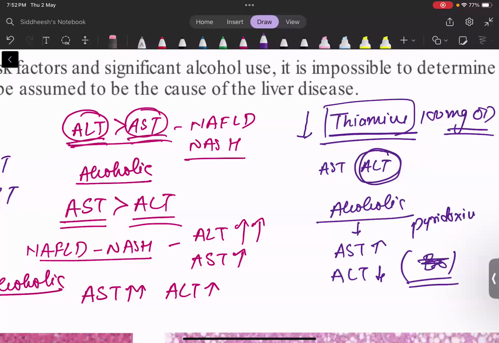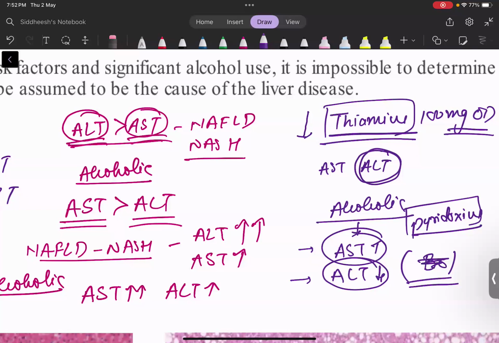Yes, sorry, my mistake. So we are giving pyridoxine. What is alcohol going to do? It will reduce the formation of pyridoxine, and pyridoxine is responsible for the formation of AST and ALT, right? If we compare AST and ALT together, AST needs less pyridoxine compared to ALT.